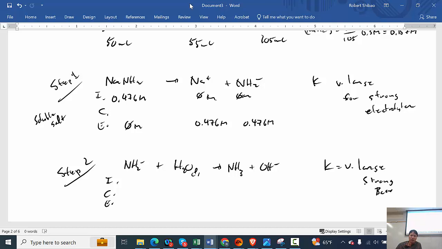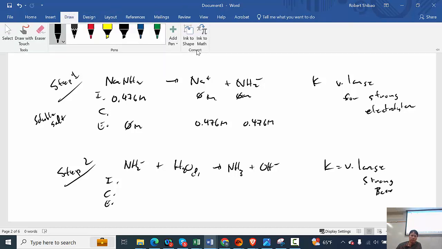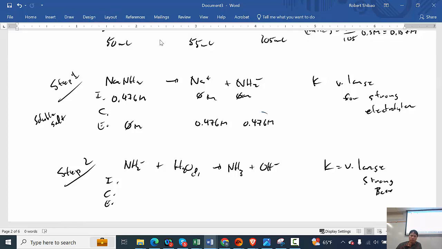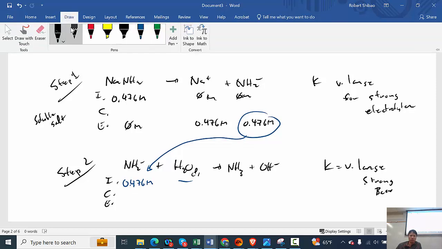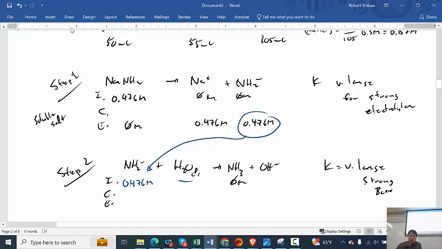So the amount of amide we're going to carry down from step 1. The ammonia is 0, hydroxide is 0.